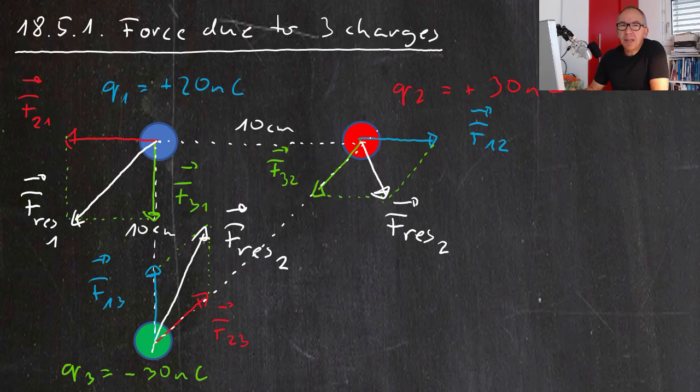We get here 3 final resulting net forces acting on charge 1, on charge 2, and on charge 3. Let's just write down this principle of superposition, as it is called.